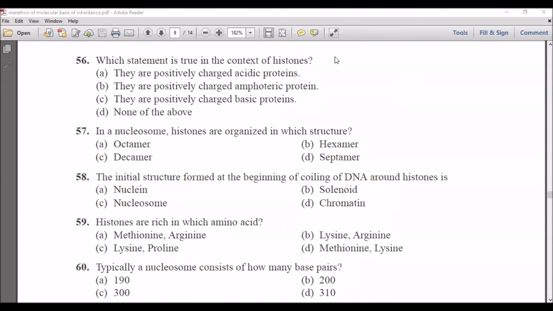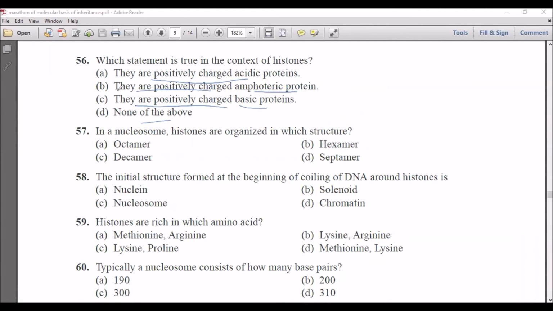Next question is, which of the following statements is true in the context of histones? First, they are positively charged acidic proteins. Second, they are positively charged amphoteric proteins. Third, they are positively charged basic proteins. And fourth is none of the above.